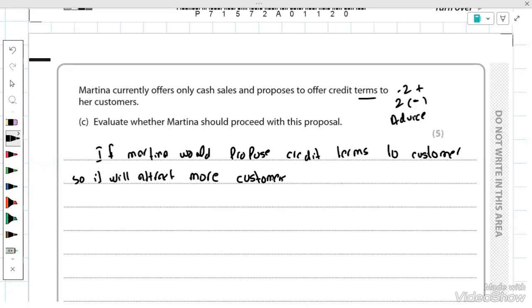Of course it will increase her turnover and profits.